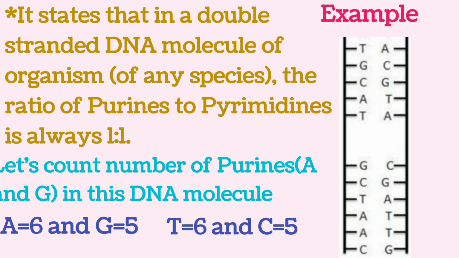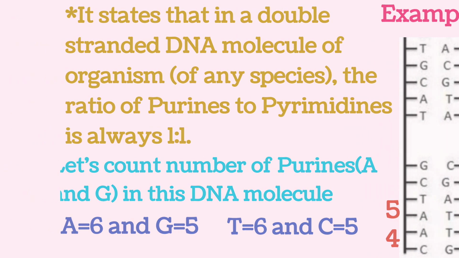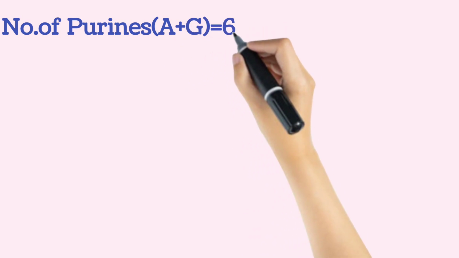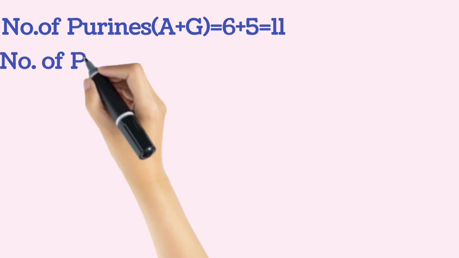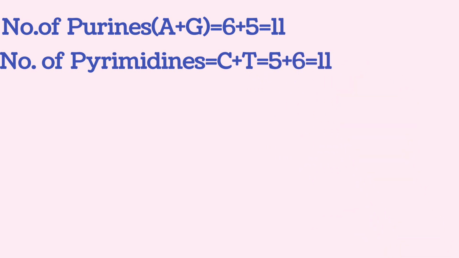Look at the figure: adenine number 1, 2, 3, 4 and 5. Likewise you can count the number of purines and pyrimidines. The total number of purines is A plus G, because purines are adenine and guanine, so 6 plus 5 equals 11. The total number of pyrimidines is C plus T, because pyrimidines are cytosine and thymine, so 5 plus 6 comes to 11.